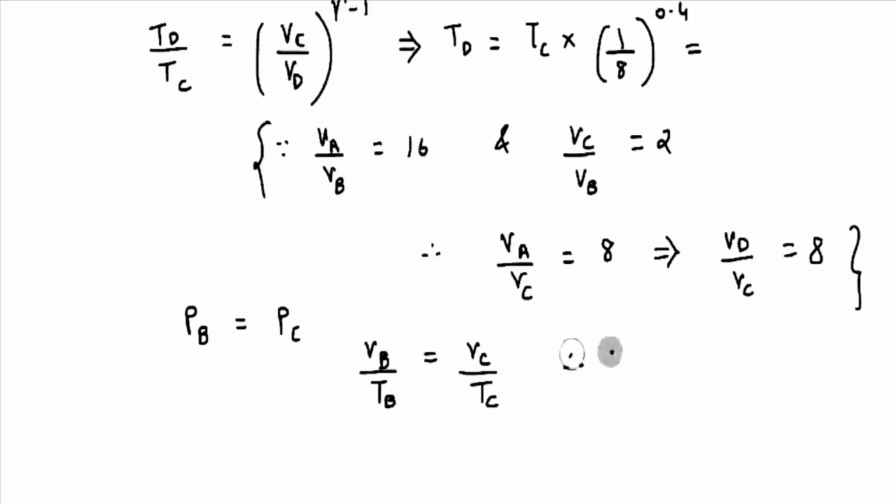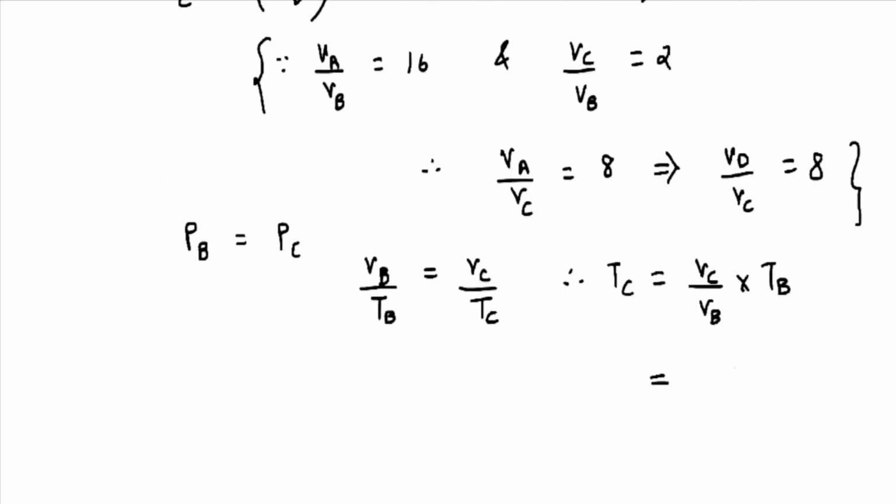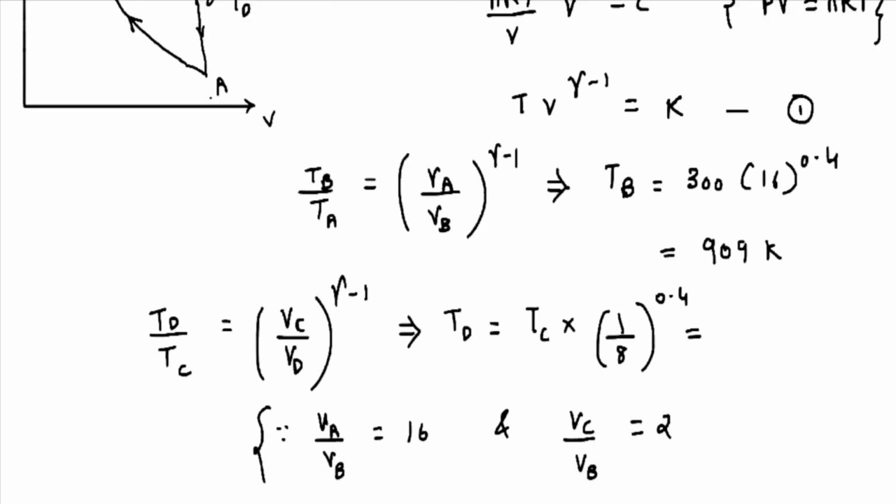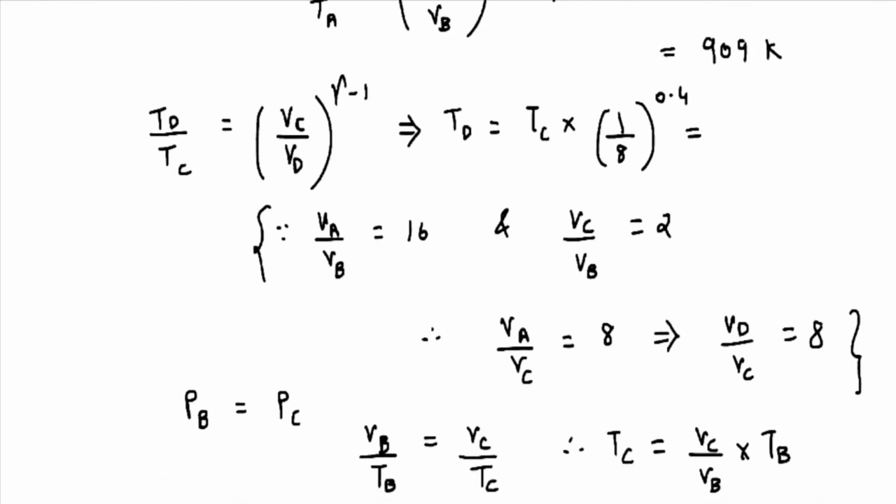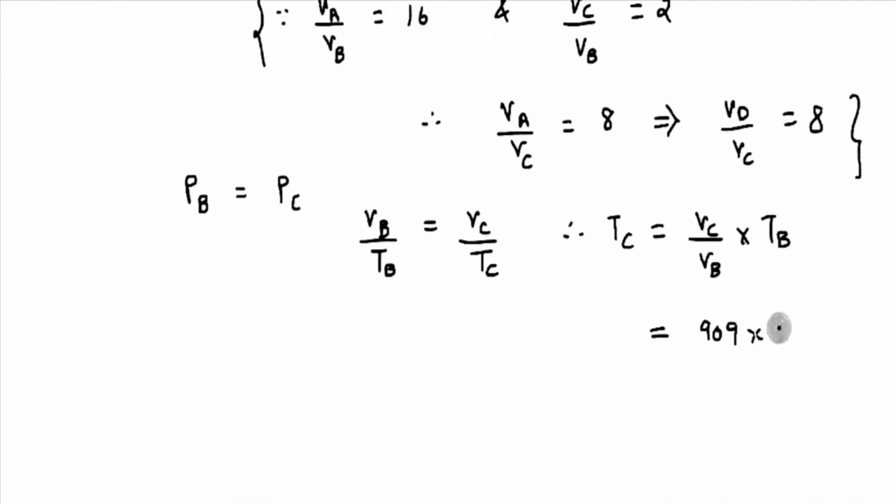From here, TC can be written as VC by VB into TB. The temperature TB we have calculated as 909, so it is 909 into VC by VB, and the ratio has been given as 2. This value comes out to be 1818 Kelvin.